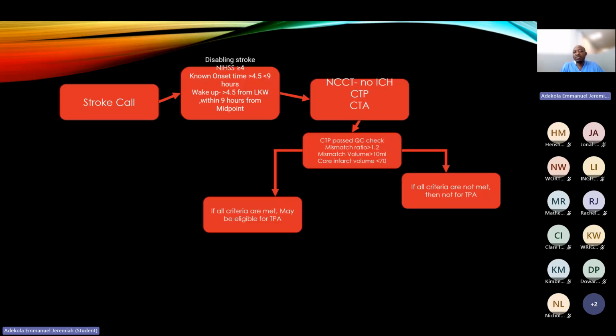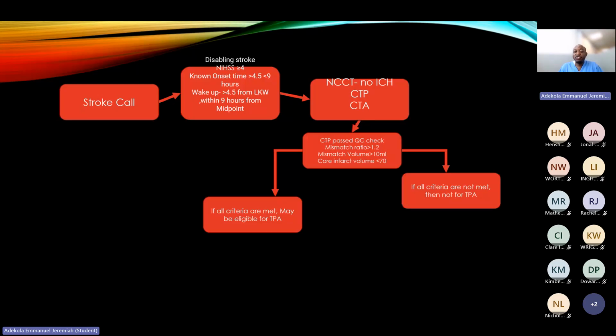We need to consider first, what's the NIHSS, what's the mRS. If NIHSS is more than 4 or is disabling stroke, that means they could be candidates for thrombolysis, and we'll calculate 9 hours from the midpoint or 9 hours from when they were last known to be well. If they are within the window, they will need to have a non-contrast CT and then CT perfusion. CTA can be done, especially if we are suspecting a large vessel occlusion or if the patient has a fluctuating neurology.